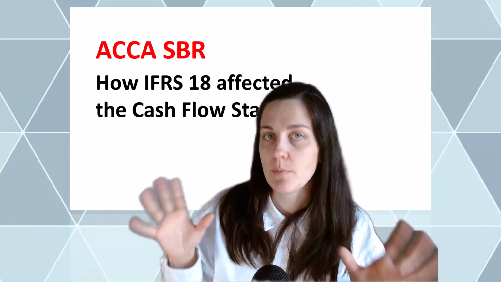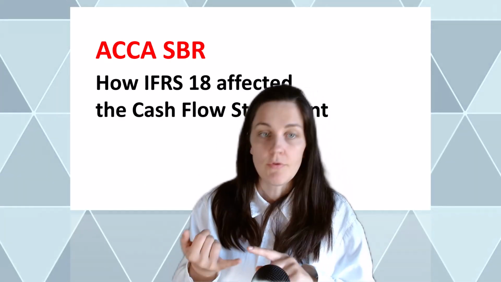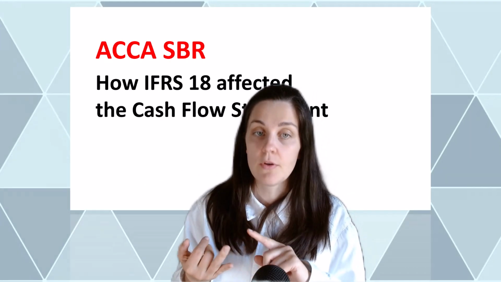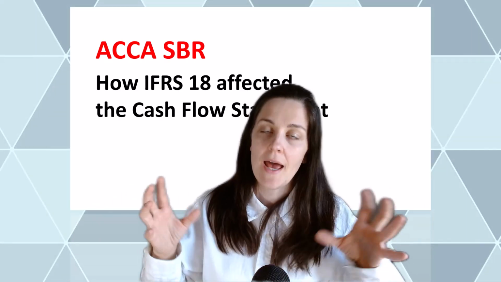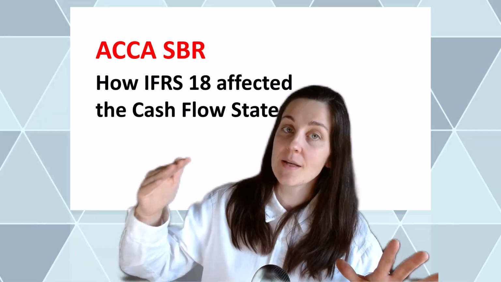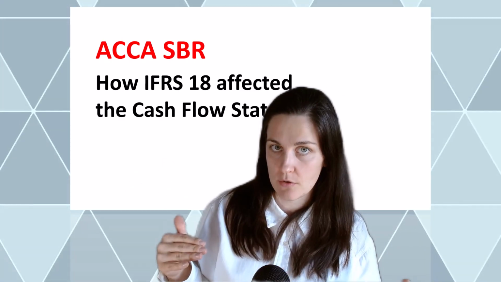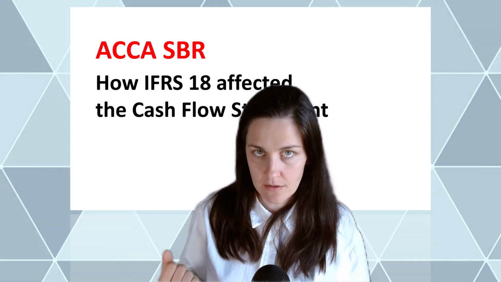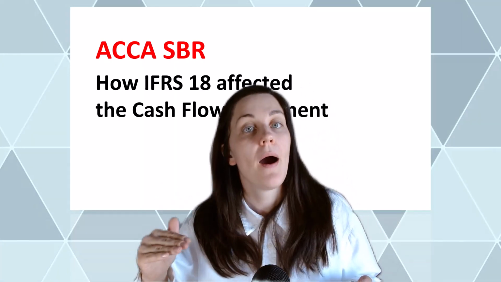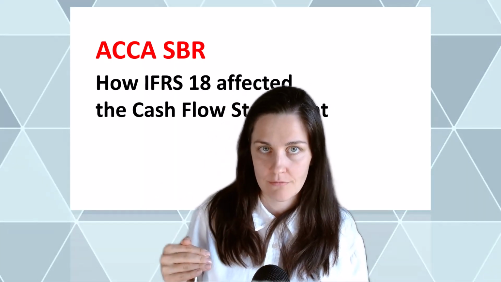Now, the approach is like that. If you receive interest, if you receive dividend, that comes from your investing activities, and as such, that is going to be a part of investing cash flows. If you're going to pay interest or pay dividend, that is going to be a part of financing cash flows.